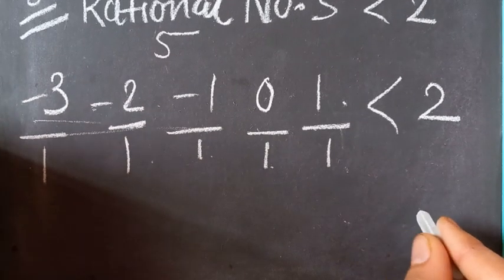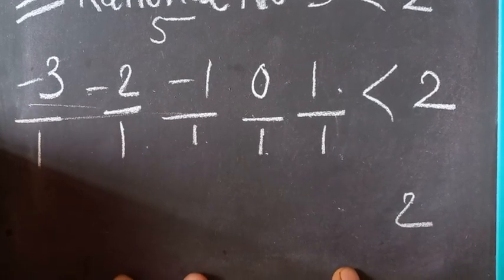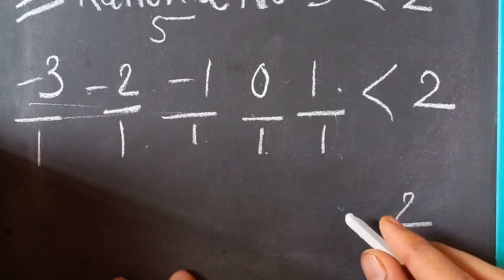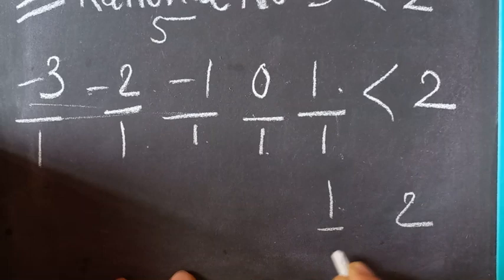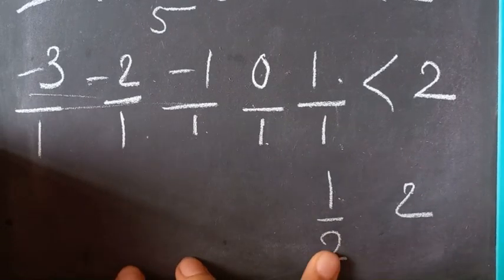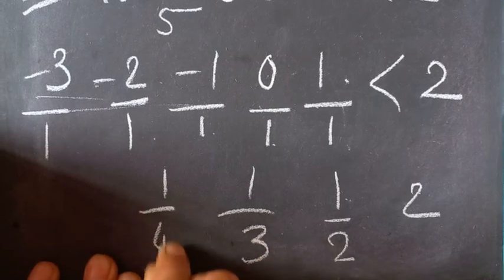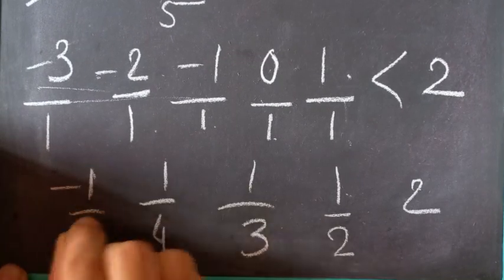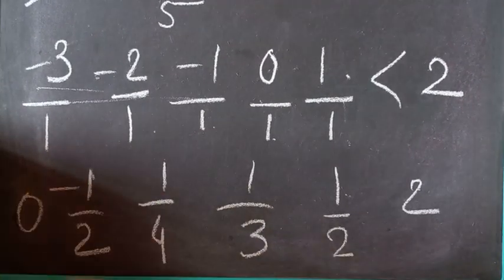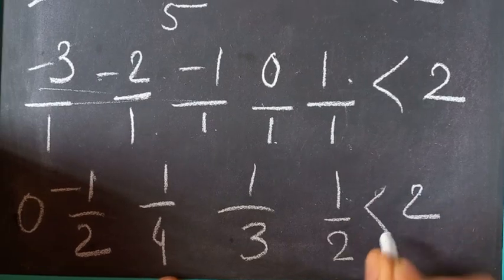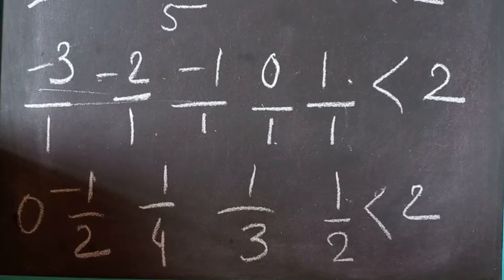As an example, you can take 1 by 2, which is 0.5, then 1 by 3, then 1 by 4, or -1 by 2, or 0, which are less than 2. You can take any 5 rational numbers which are smaller than 2.